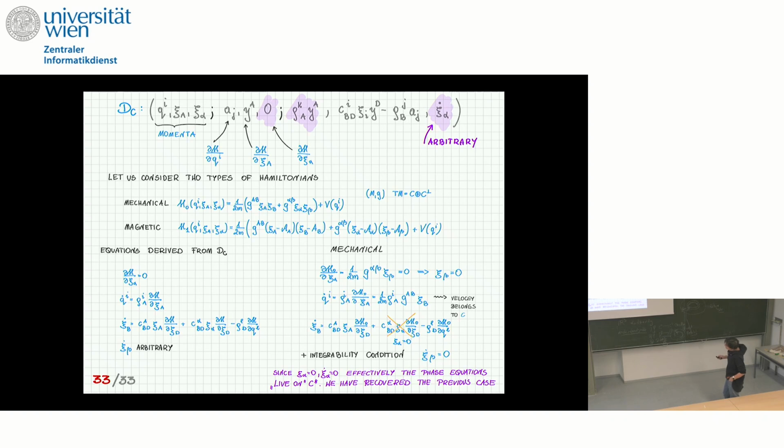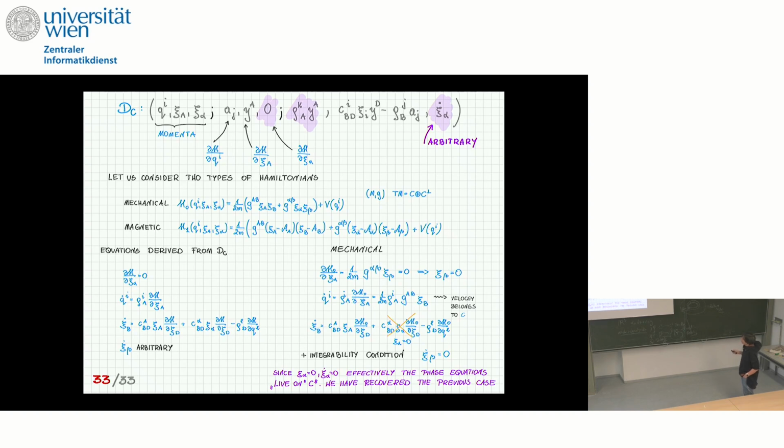When I write those equations down for the mechanical Hamiltonian, which is here, what I get is, again, the fact that this part cancels. Why does this cancel? Because I have to be on the constraints, and this dependence has to be 0.